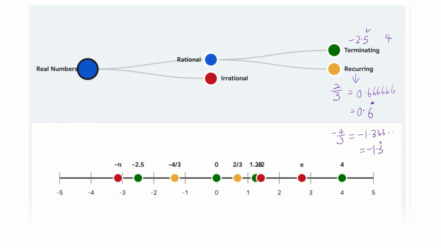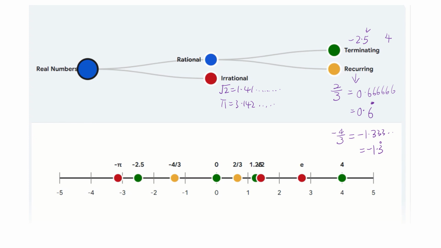Or if you were to use a calculator to work out square root 2, you'll see it's 1.4 something. It just keeps going. So that is non-terminating, or an irrational number. Likewise, pi is 3.142, and so on and so forth. Many decimal digits behind, so that's called irrational. Basically, you cannot write an irrational number as a fraction.